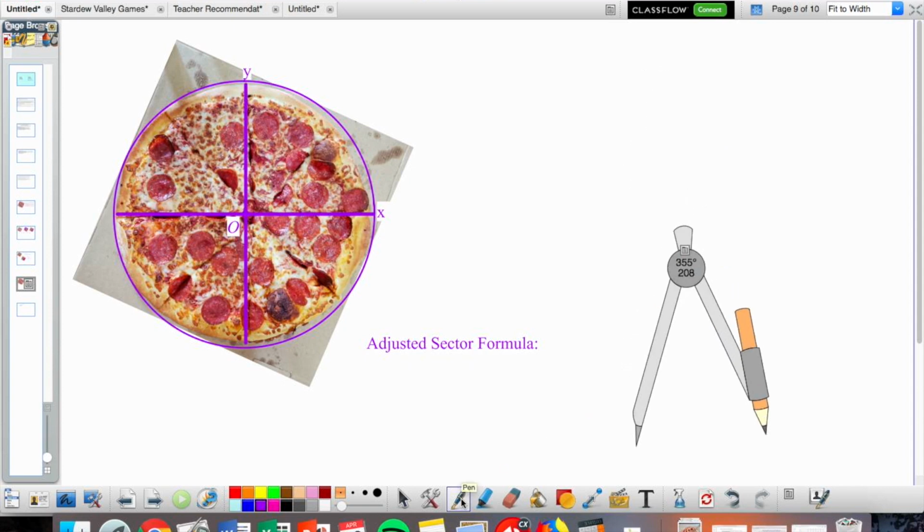So if you don't know what angle has been chopped off, you take the 90, because that was the slice that I cut, 90 degrees worth, but it's out of 360 degrees.